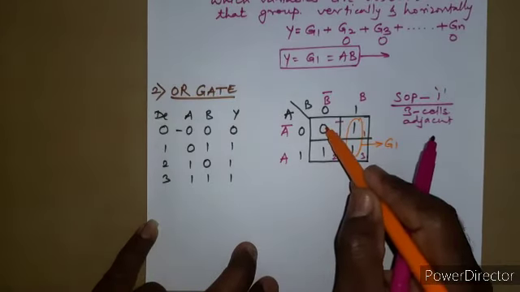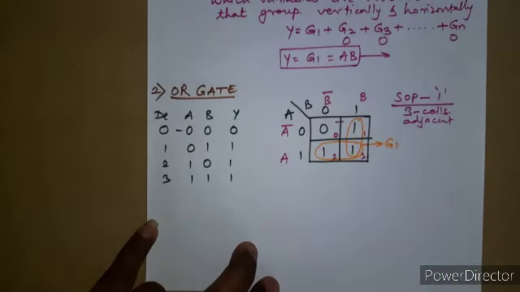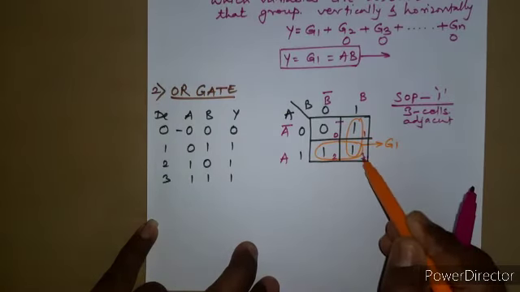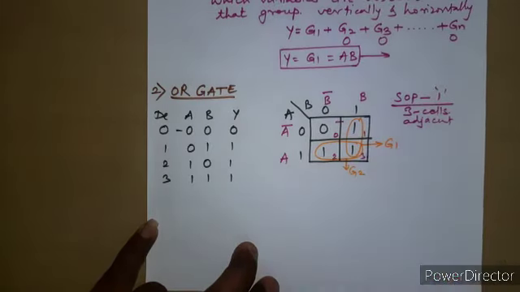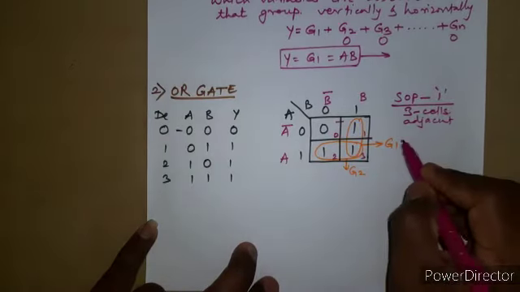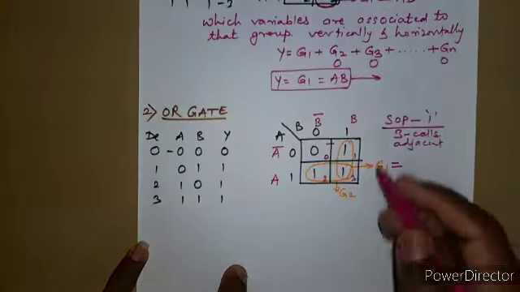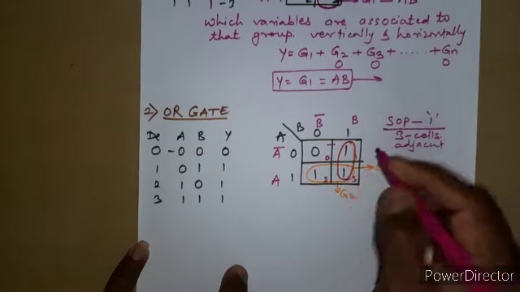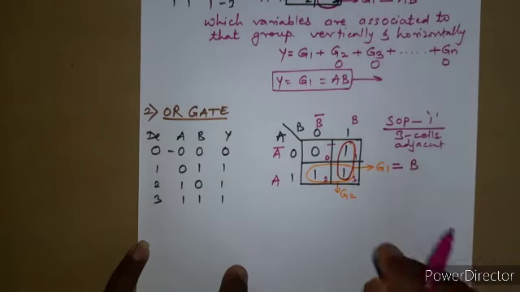Now do I have 1 here? No. So I can now form another group, because this 2 which has 1 is adjacent to this 3, again which has binary 1. Right? So this becomes my group 2. Now as I said, for group 1 you have to just see the variables which are associated to that group. If you see, this group is associated vertically to B. Right?